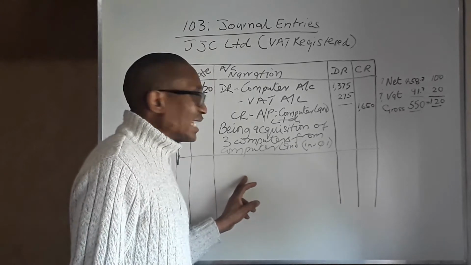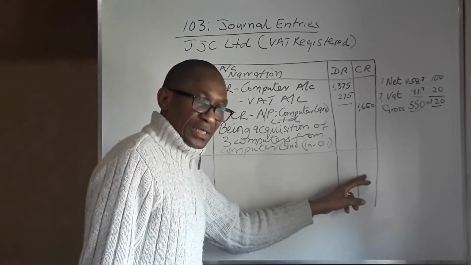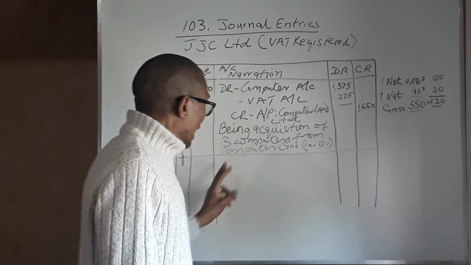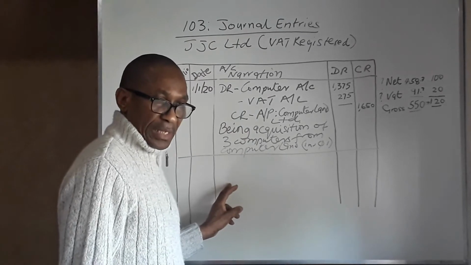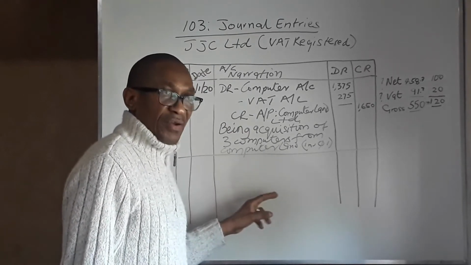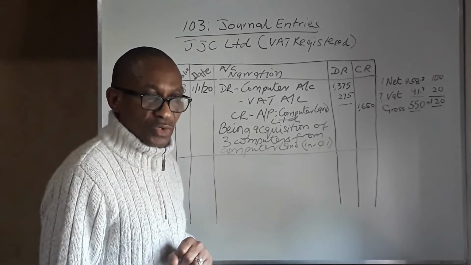And we credit the account that is given. The bank account is given. We now credit the bank account with the equivalent 1,000, debit and credit balances. So the narration will be: check number 0001 issued to Computerland for payment on account. That ends that particular folio.